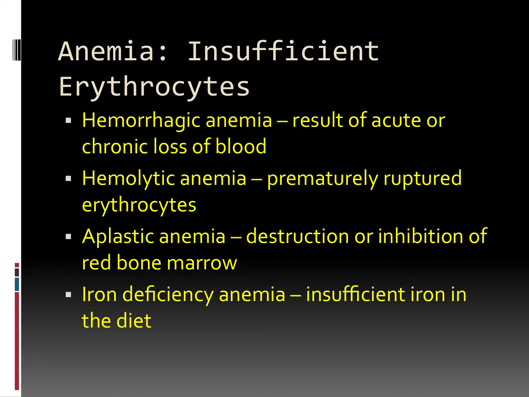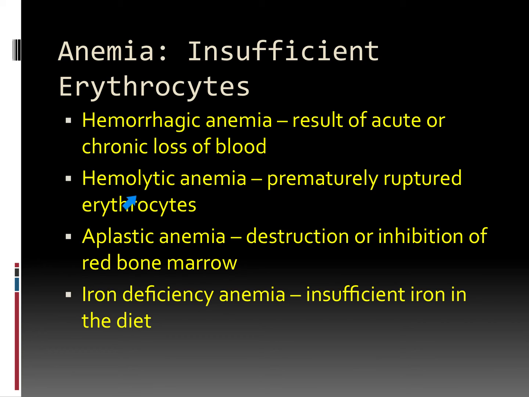So these are just a few causes of anemia. Hemorrhagic anemia is if there was an acute blood loss event or chronic blood loss for some reason, like internal bleeding, which can cause hemorrhagic anemia. You're just losing red blood cells too quickly.